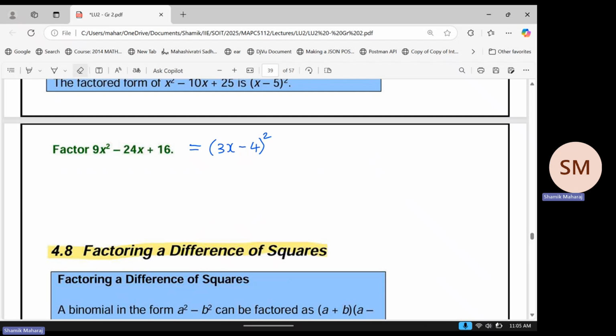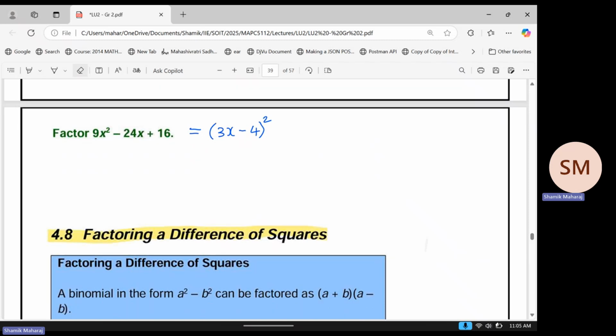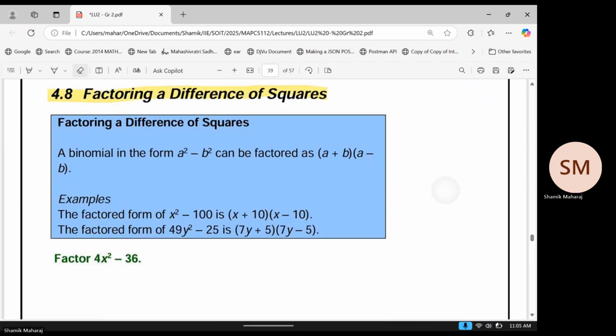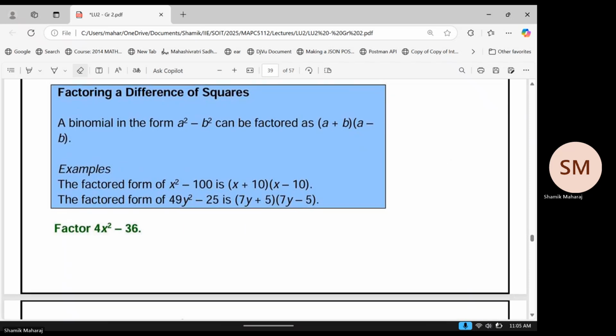I think this also should be a read at home, factoring a difference of squares. Again, if you use the rules we've learned before, you will get the right answer. But let's see what this box tells us to do. It tells us that if we have something which is a squared minus b squared, it can be written as a plus b times a minus b.